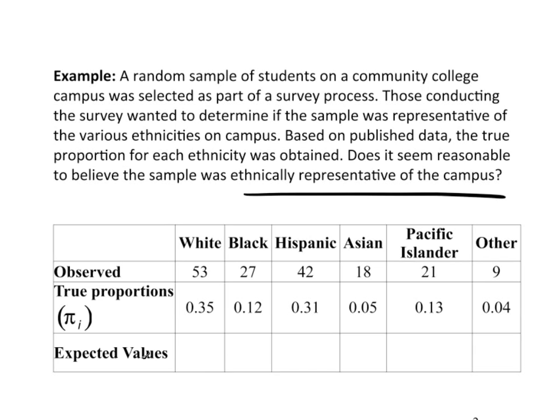So, based on what was available, these true proportions, these pi i's, there were 35% that were white on this particular campus, 12% black, 31% Hispanic, 5% Asian, 13% Pacific Islanders, and 4% others. Now, when I add these all up, what I get is n equals 170.